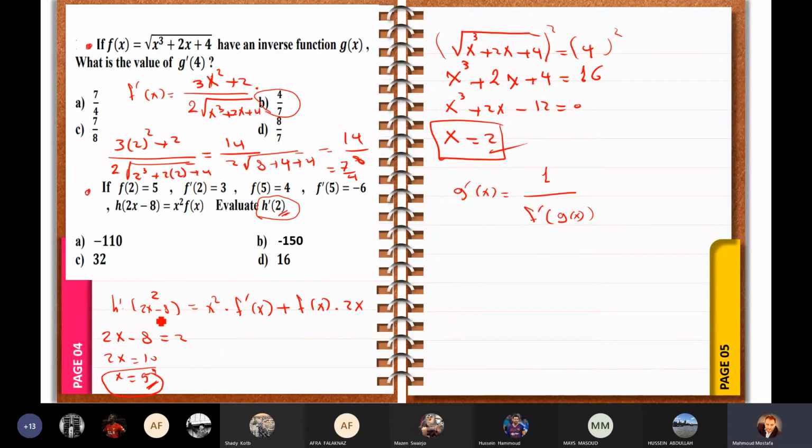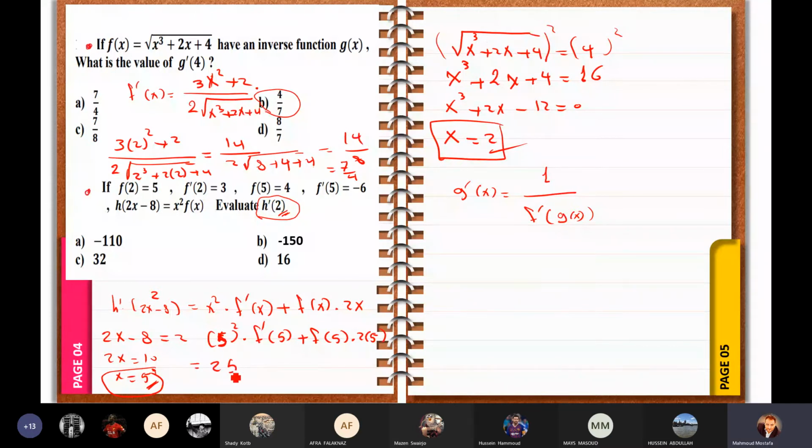So 5 squared multiply f prime of 5 plus f of 5 multiplied by 2 times 5.